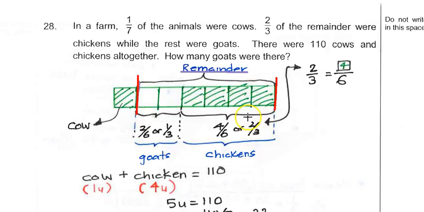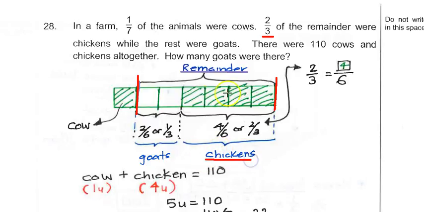For the remainder we have 6 units: 1, 2, 3, 4, 5, 6, and 2/3 of 6. 2/3 of 6 is 4/6, they are equivalent. It means the 4 shaded parts are 2/3 out of these 6 units. 2/3 of this remainder are chickens.